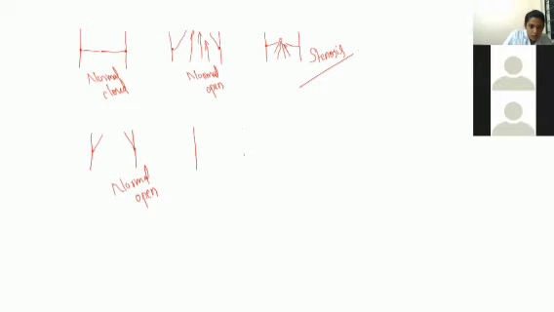And in normal closed, the valve should be tightly closed so that even if the blood wants to come back, it cannot get in. It has to go forward because the valves are closed. So this is normal closed.